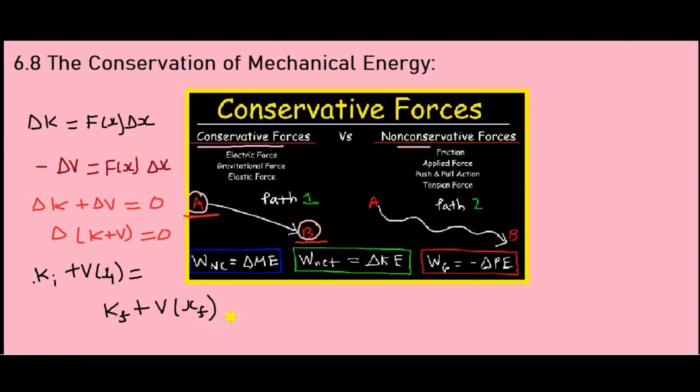Now here the quantity K plus V of x is called the total mechanical energy of the system. We have written the total energy before and after, and both are equal to each other.